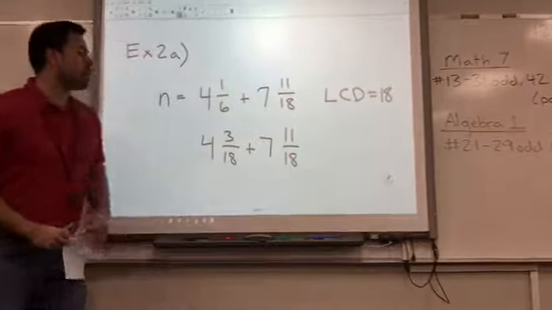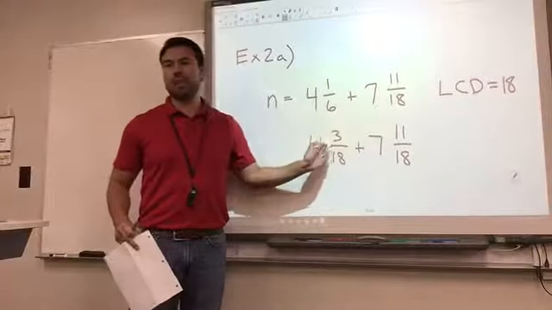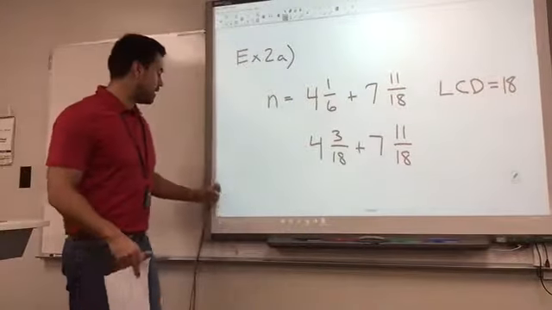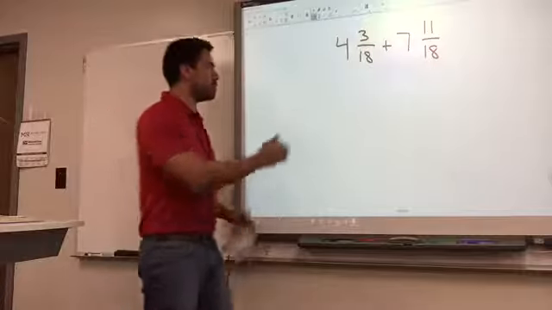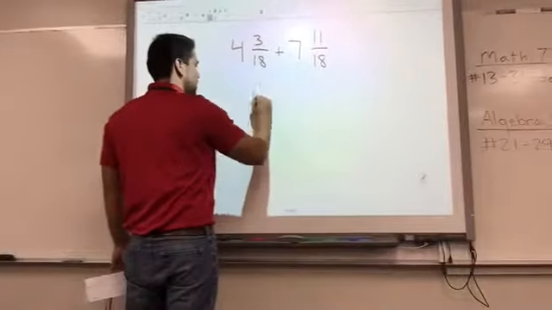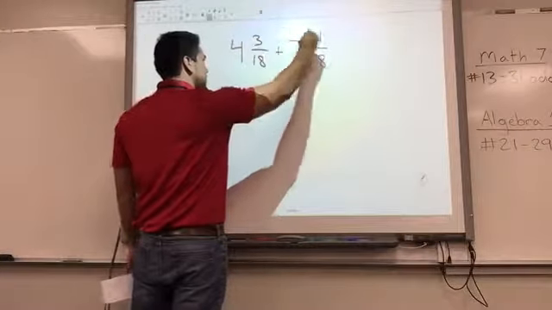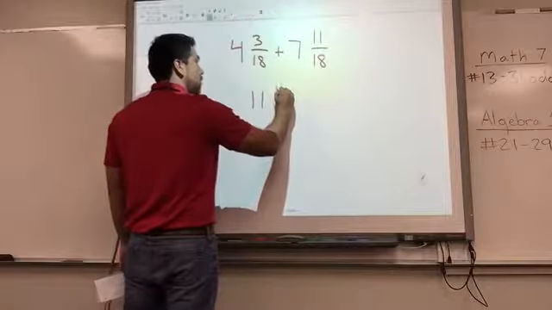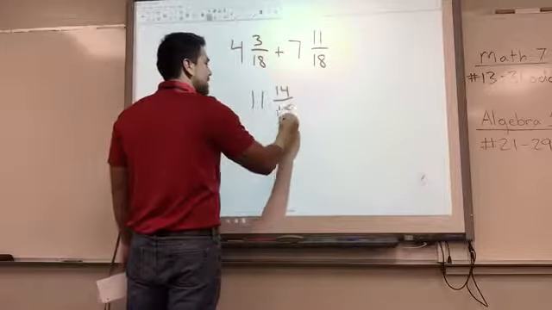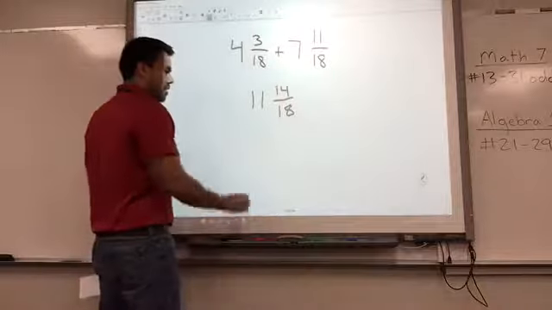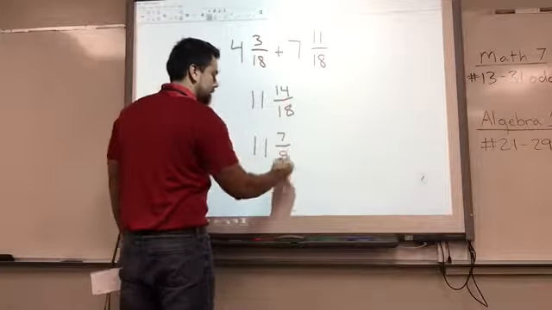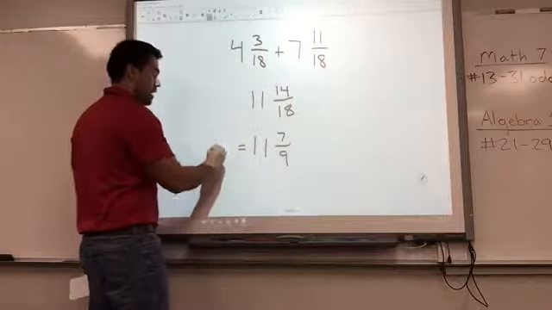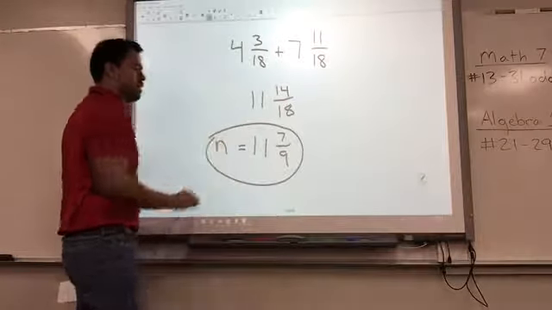No. When you're adding two positive numbers, by the way, these are the easiest ones you can get. Just add the whole number parts and then add the fractional parts. So what's 4 plus 7? 11. And then what's 3/18 plus 11/18? 14/18, which gives you 7/9, since 2 goes into both of those. So n equals 11 and 7/9.